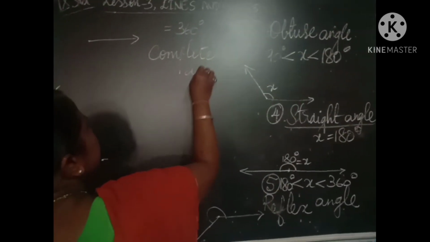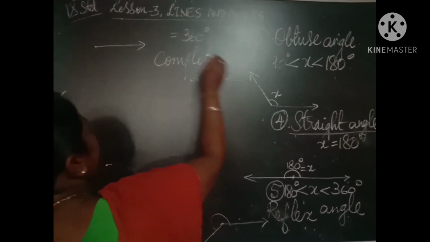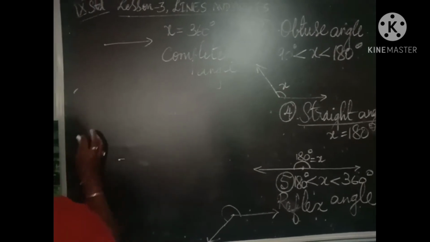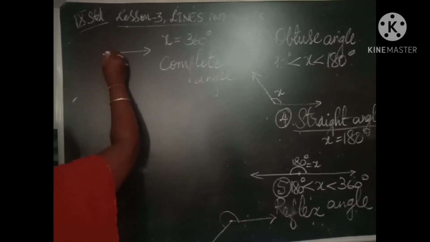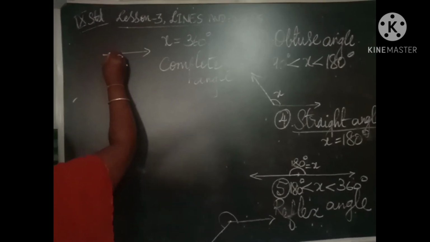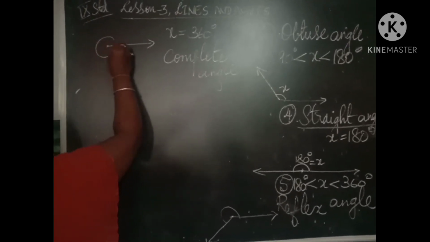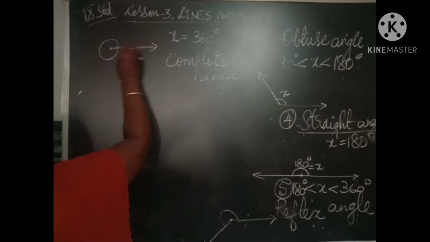Complete angle. You can give the example of a circle. Complete angle means you will get it here like this. This is a ray.